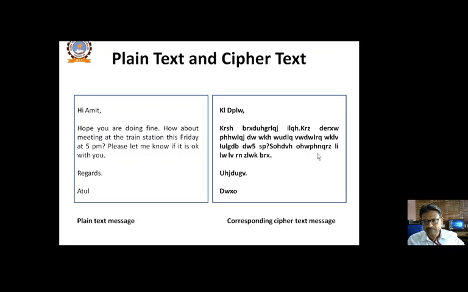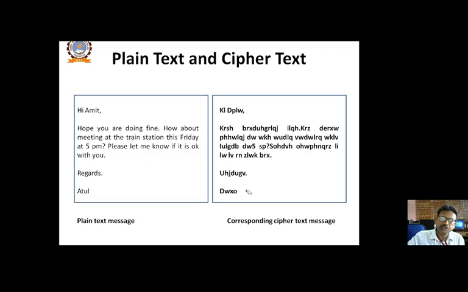But if this message is traveling, then it is not understandable. So that is why, if you want to hide the message, it is necessary to convert the plain text into ciphertext.